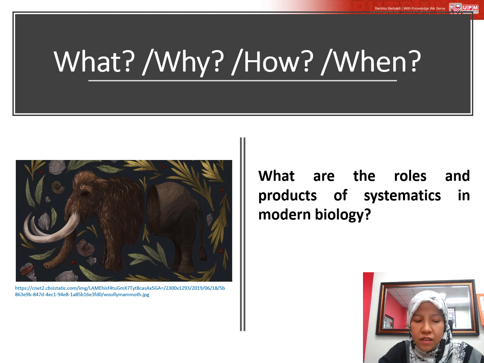The second one, systematics is the study of the history of life on Earth. Once we know what organisms exist, we can ask questions about how they came to be as they are today. This is about evolutionary lineage, for example.